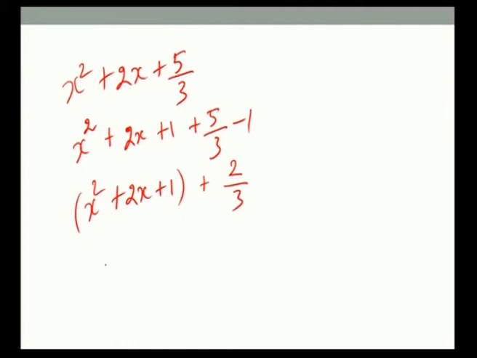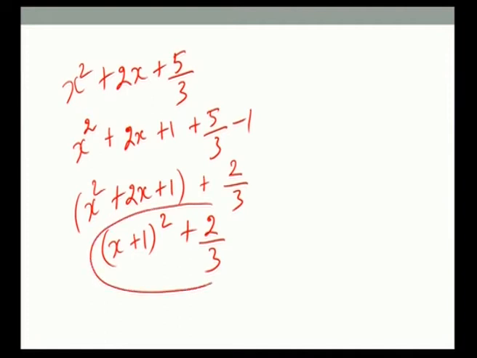So instead of x square plus 2x plus 1, we can substitute x plus 1 the whole square plus 2 by 3. So we simplified the denominator. Substitute this denominator in the given integration.